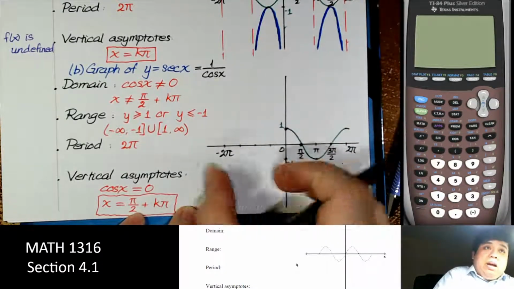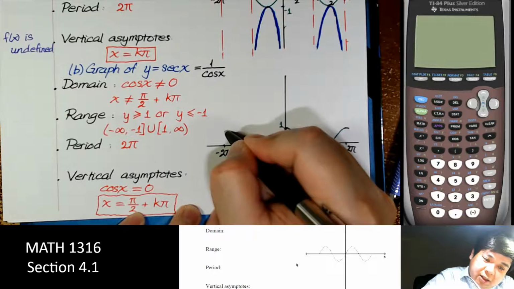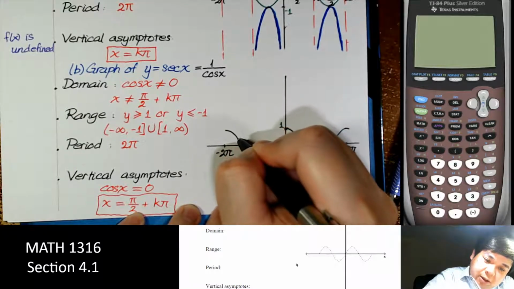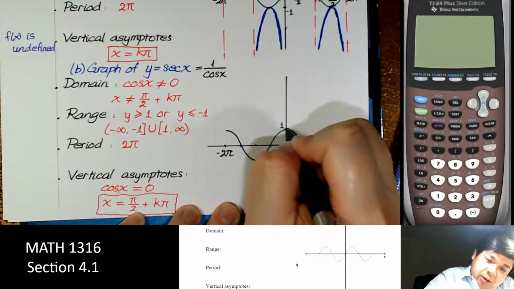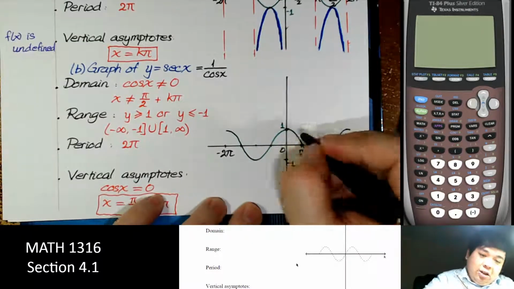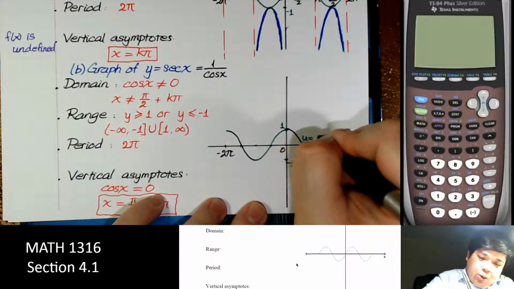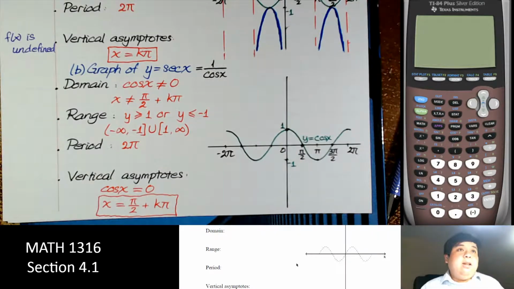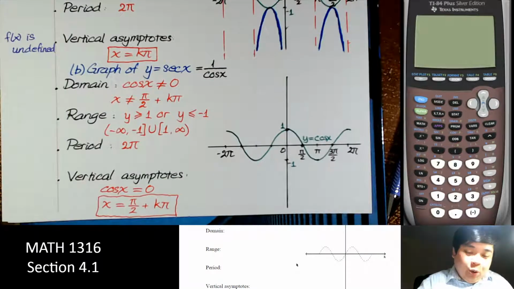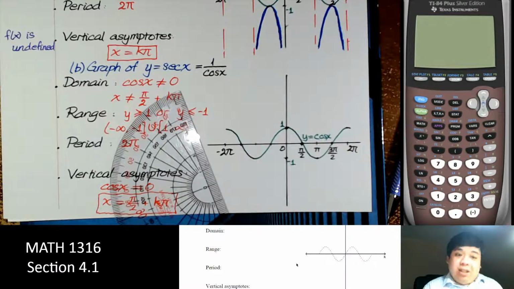And then copy and paste that here. And this is the graph of y equal to cosine of x. Right, so if we can graph y equal to cosine, then we can graph secant easily.